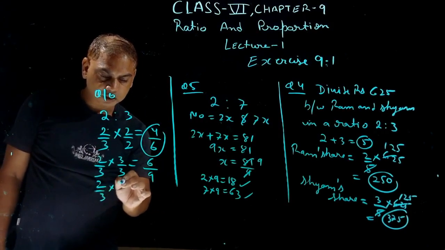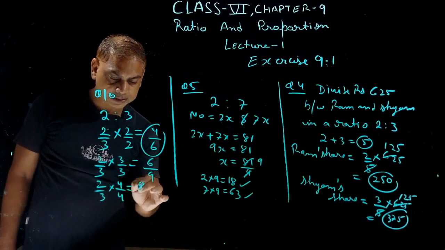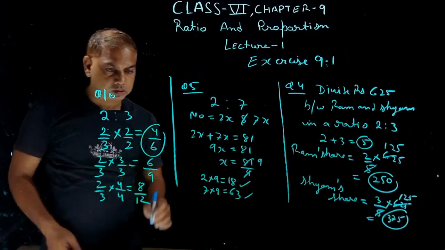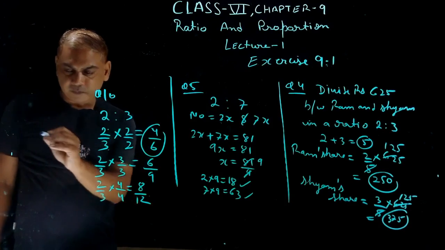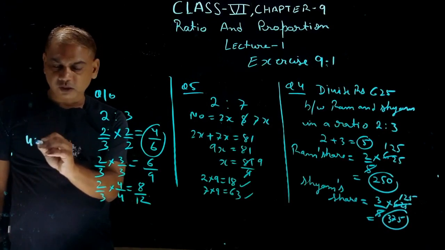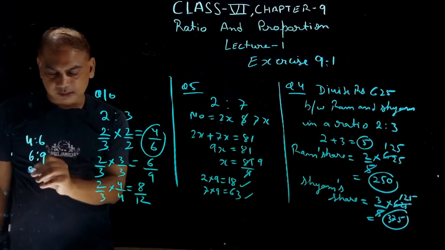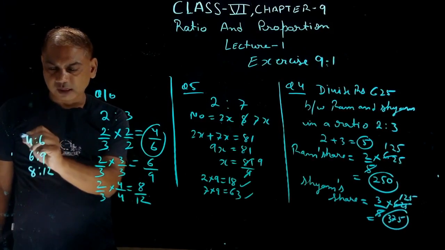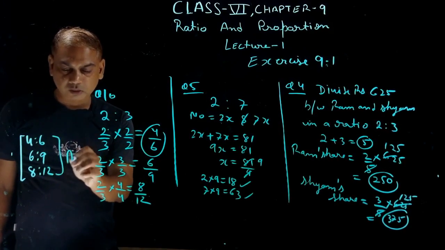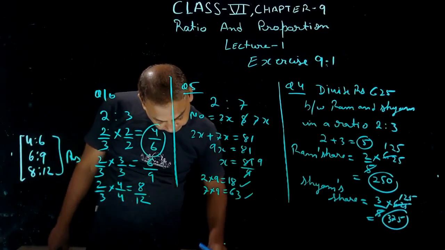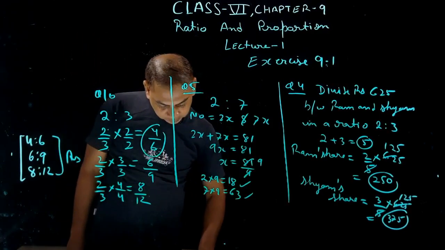Third, 4 upon 4, that is 8 upon 12. So these fractions can be written as 4:6, second is 6:9, and third is 8:12. Okay, that's how you can find out the equivalent ratios of each of the following.